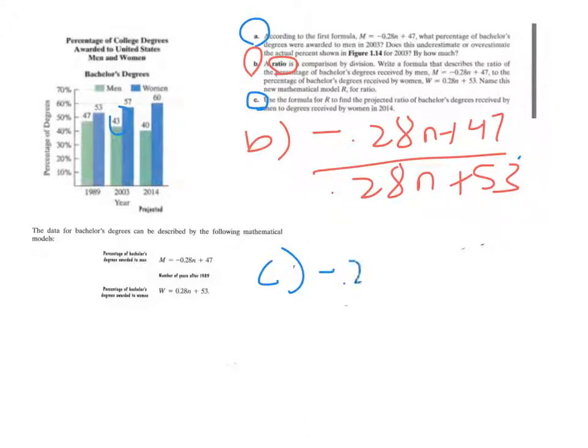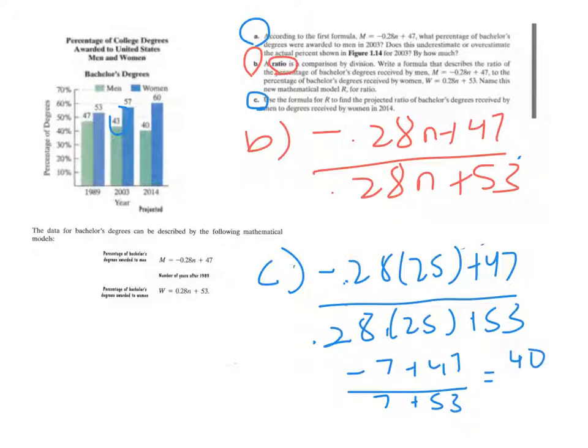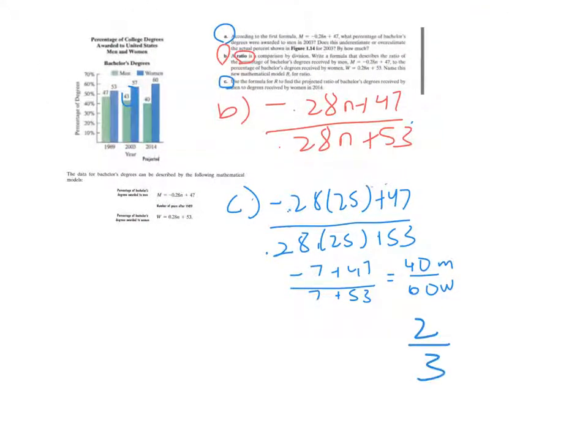So if we substitute the 25 years over into our ratio, negative 0.28 times 25 plus 47, over 0.28 times 25 plus 53, we get a negative 7 plus 47, and we get 7 plus 53, which gives us the answer of 40 over 60, and so our ratio is 40 men to 60 women, which really is 2/3 is our ratio.